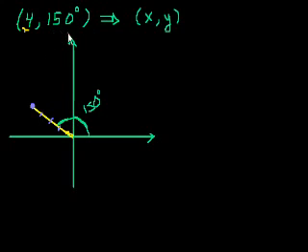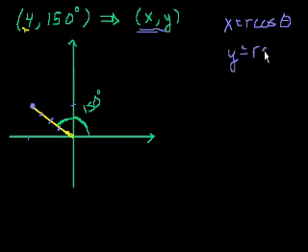So we want to convert this to Cartesian coordinates. We already have an intuition that our x coordinate should be some negative number, and our y coordinate should be some positive number. Let's see if it all bears out. What are the tools that we came up with in the last video? Well, x is equal to r cosine theta, and that just fell out of SOHCAHTOA, nothing fancy there. And y is equal to r sine theta.